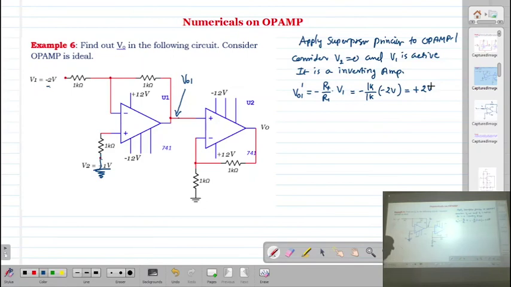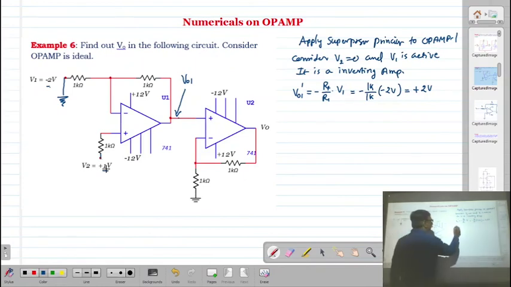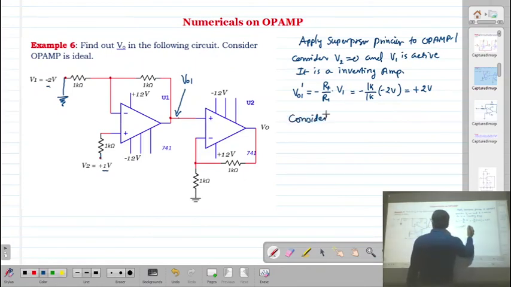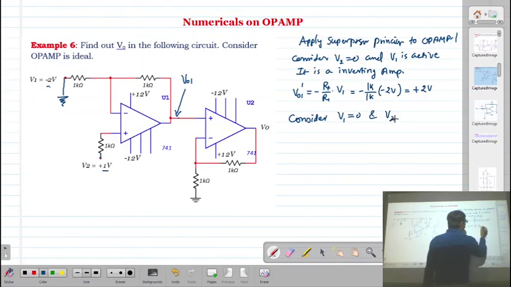Now what we have to do? Consider V1 is connected to ground and V2 is active. So consider V1 is equal to 0 and V2 is active.